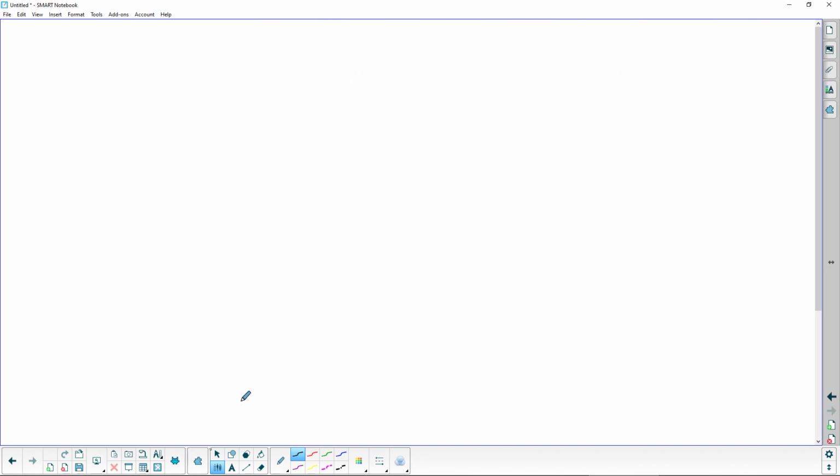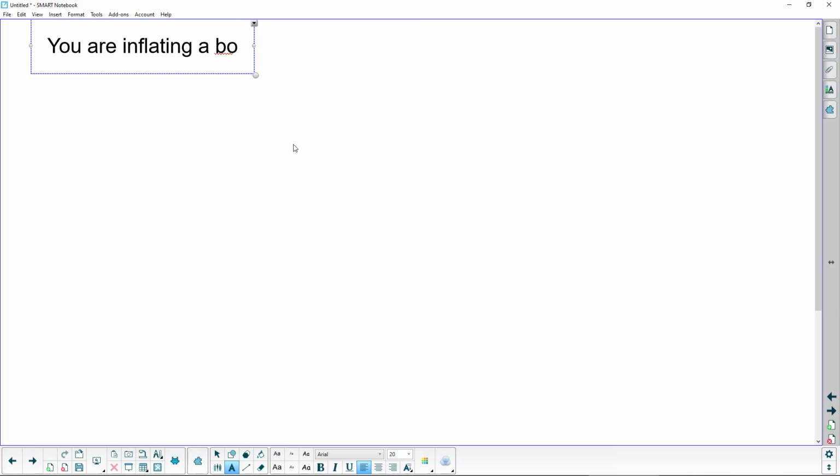All right, let's type it in, make it nice and neat. Okay, so let's do the one that I was talking about earlier. Let's say that we're going to be inflating a balloon. So you are inflating a balloon.